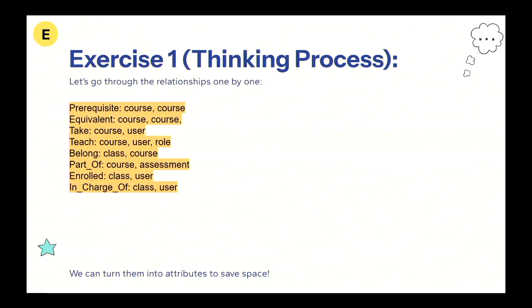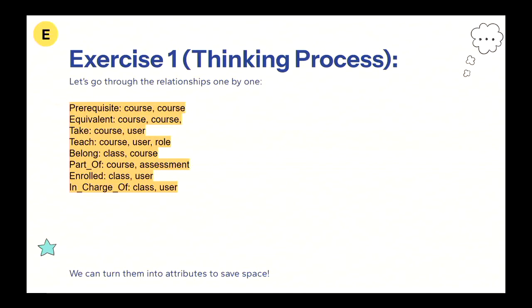It relies on the existence of a course. So imagine we have a tutorial class, but it is not attached to any courses. Then why should we have this class, right? So we can actually put the course as an attribute for a class because the class relies on the existence of a course.